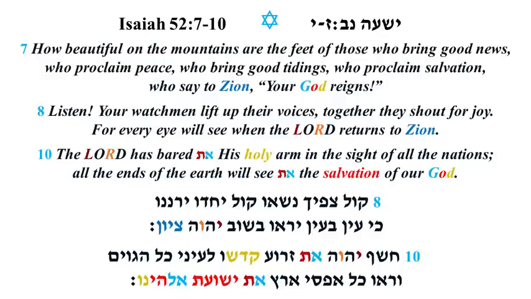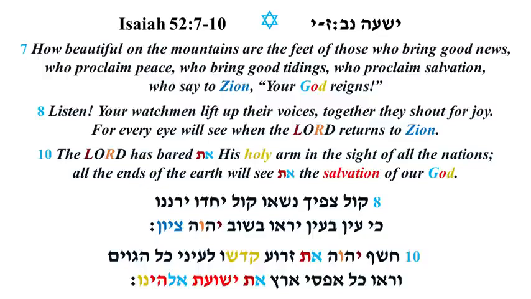In verse 8, I have the Hebrew here. It says, for every eye will see when Yahweh returns to Zion. Nice. And it's Yahweh's going to return to Zion. That means he was there before. And who is Yahweh?